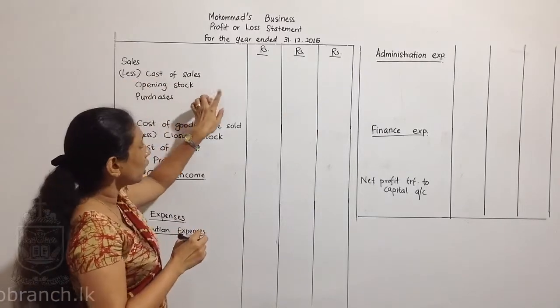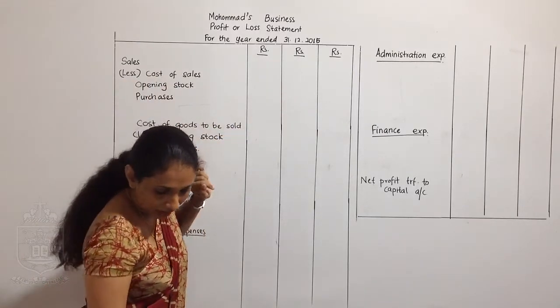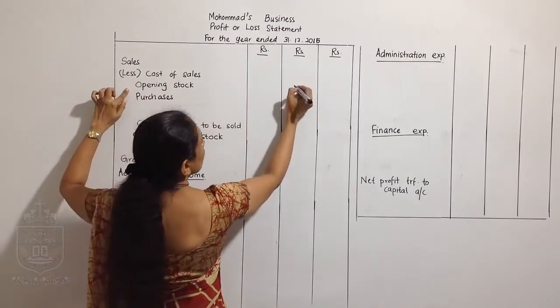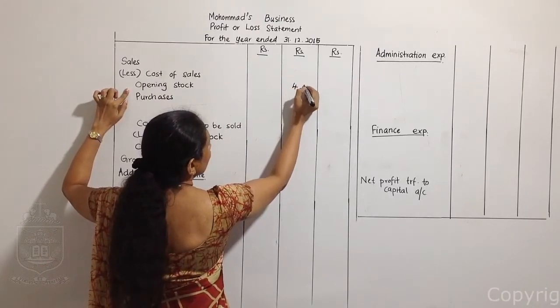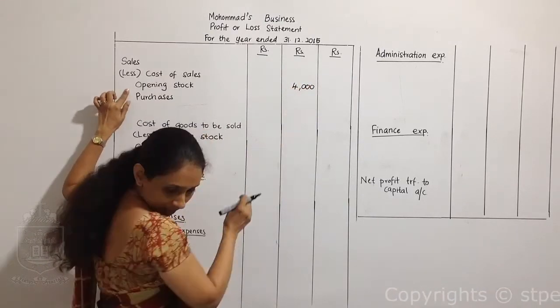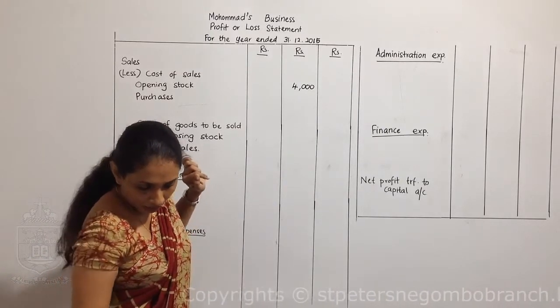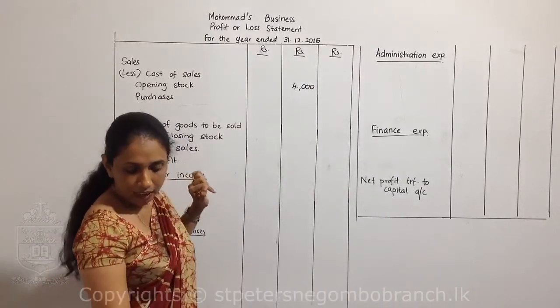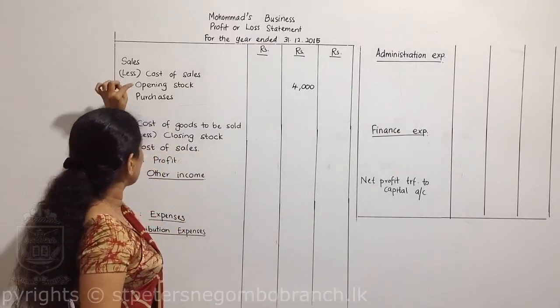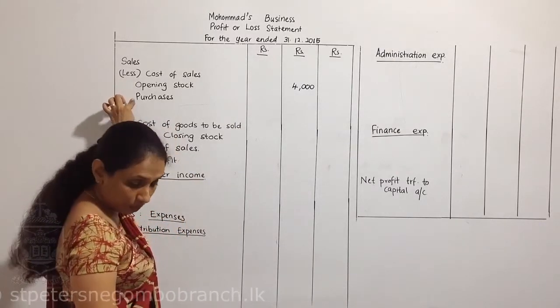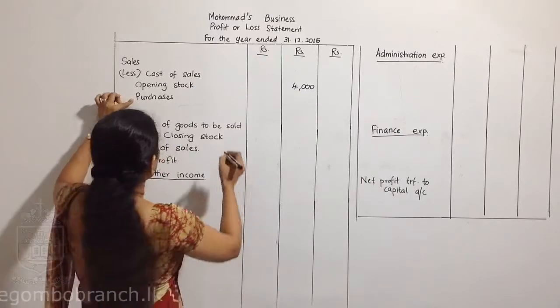So we have the opening stocks, it's 4,000. So I'll put that figure in the second column. Then the next tick line item is purchases, again come soon after the opening stocks, it's 30,000.